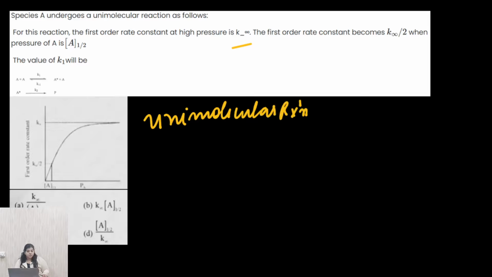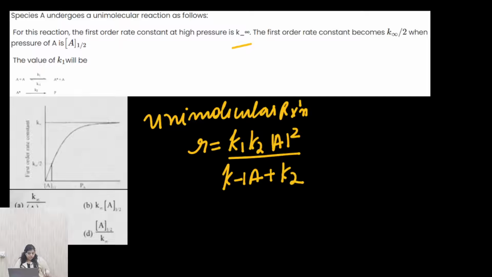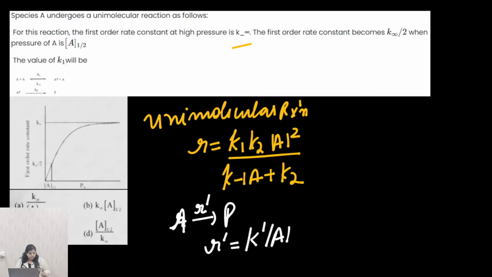The rate expression that we get for it: rate is equal to K1 into K2 into A square upon K inverse of A plus K2. This is the rate expression we get. The overall reaction that is taking place is just A being converted into product P. The observed rate expression you can write as the rate constant K dash into the concentration of the reactant.